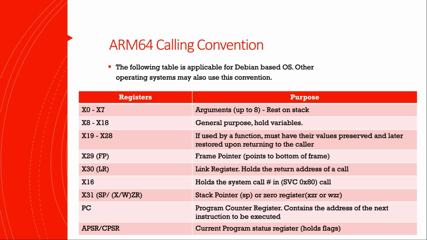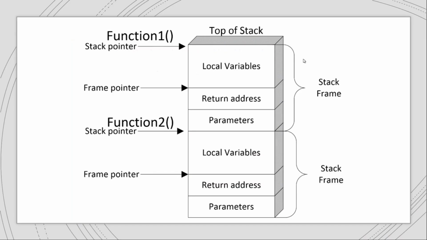Now, before moving forward, I want to show you visually how the stack looks in memory and what registers are used and how. If you consider this slide, in this figure you can see that there are two functions currently present in the stack, function 1 and function 2.